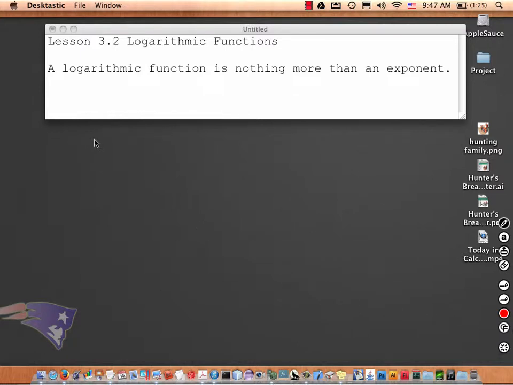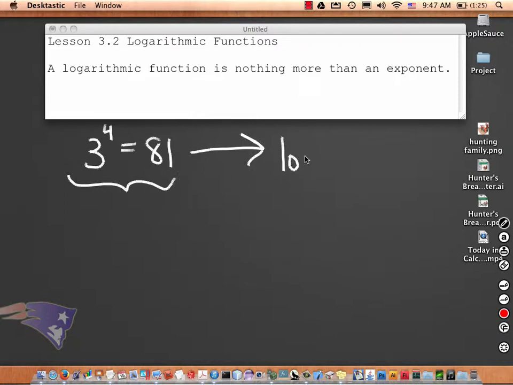What if I had 3 to the 4th power equals 81? Well, that's true. But let's convert this into logarithmic form now. This is currently in what form? Exponential. So let's convert it into logarithmic form. What do we get? Logarithm base 3 of 81 equals 4. Correct.